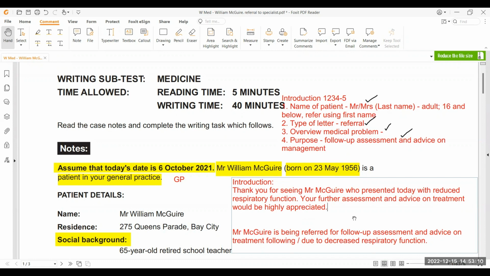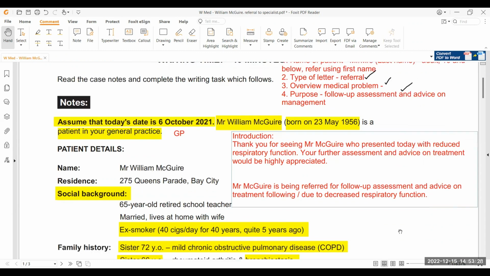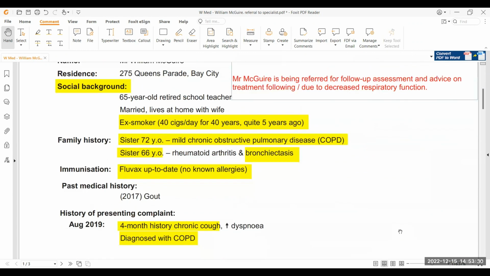Now, because this is a referral, remember that you are also expected to write a concluding paragraph. In a referral we tend to have a concluding paragraph, so let me just move here.